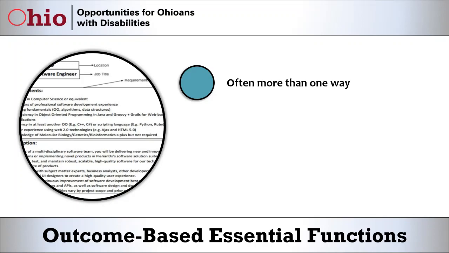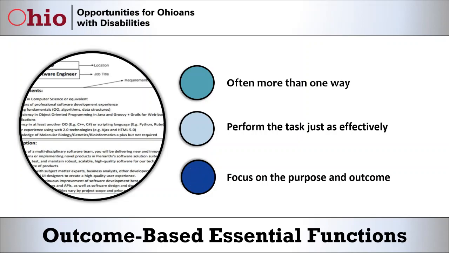This is a key concept to embrace when we think about being inclusive in the workplace, because an individual whose disability limits their ability to perform an essential function in the customary way it's always been done is likely able to perform the task just as effectively in another way, using a reasonable accommodation. So how an essential function is described and recorded should be focused on the purpose of the task and its desired outcome instead of on the way the task has always been performed.